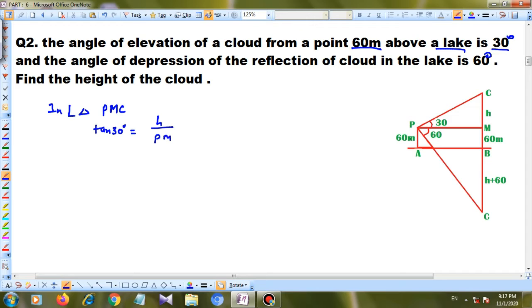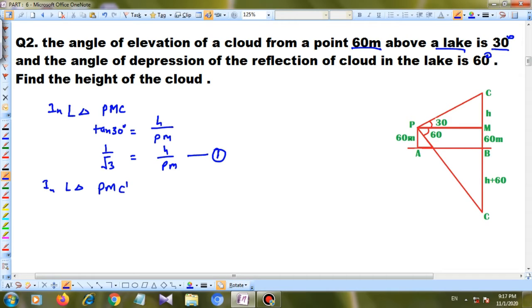The value of tan 30 degree is 1 by root 3, so this is h upon PM. This is our first equation.